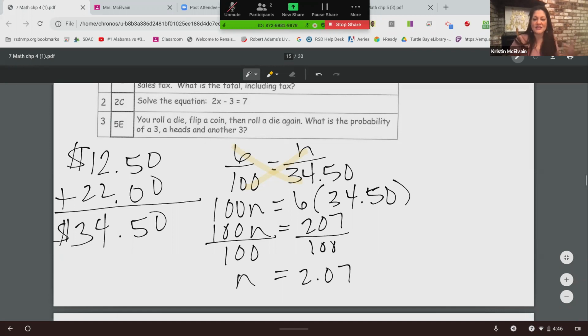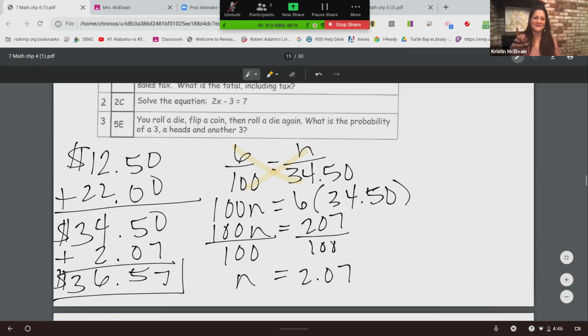So we're going to add that to our 34.50. And that gives us $36.57. Right? All right, so that is number 1.